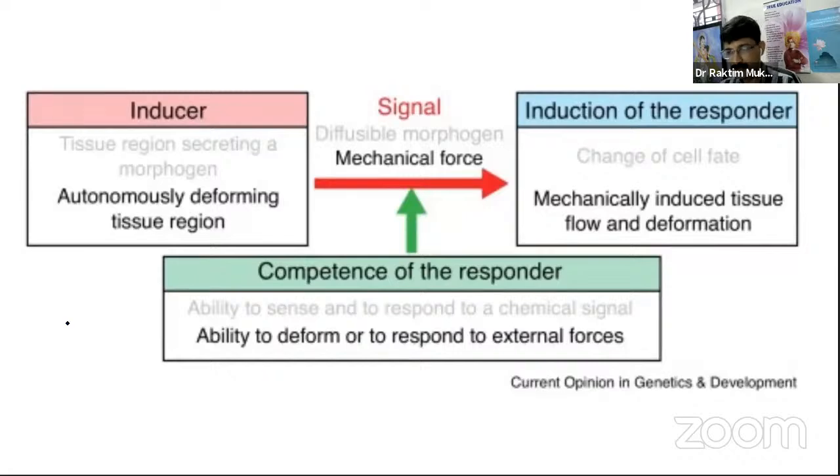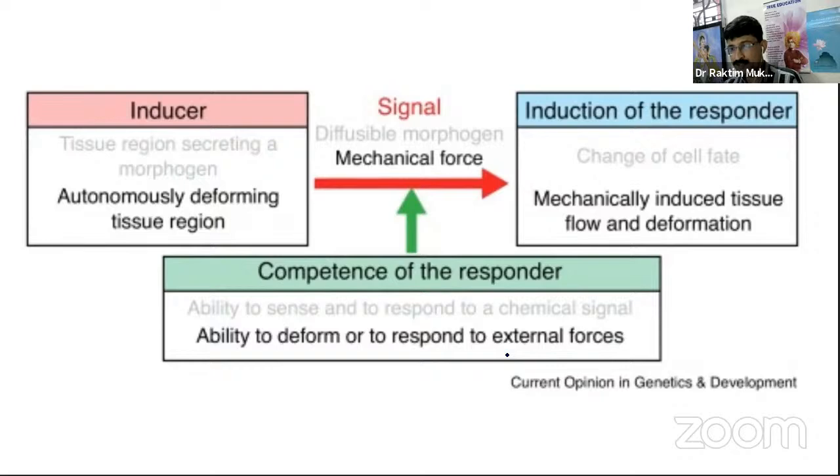So you have the flow chart to explain, and this might be the last concept, and then I will wrap up. The inducer is the tissue region secreting a morphogen or an autonomously deforming tissue region. You have a signal, which can be a diffusible morphogen or a mechanical force.